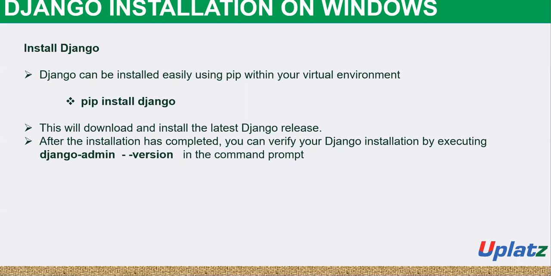All right. Next point. Once installation is successful, we can verify our installation by executing the following command: django-admin. This is the most useful command which we are going to use frequently as a part of our sessions and project development. django-admin space hyphen hyphen version.